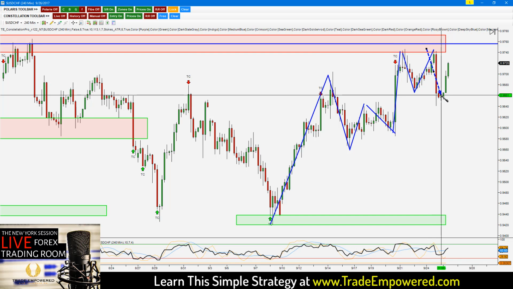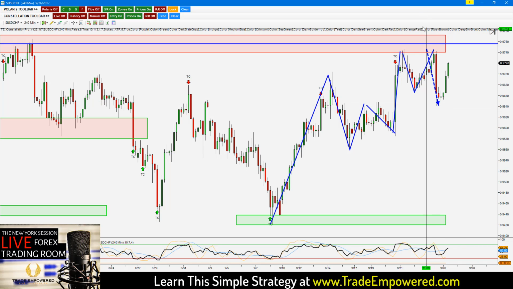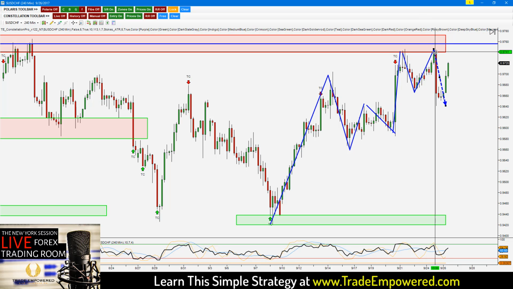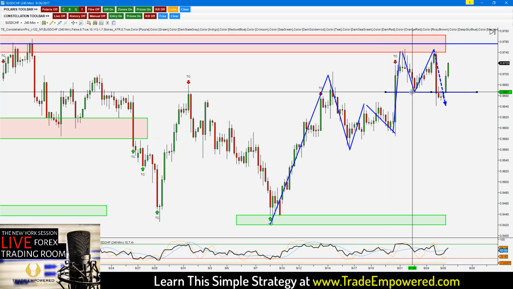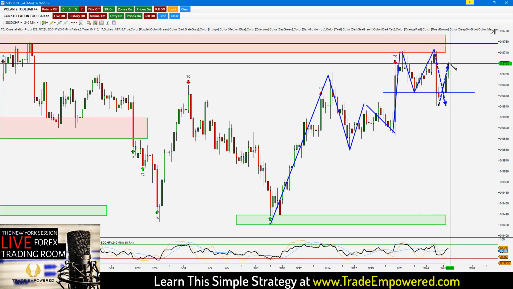We retraced off this level and we put in a lower low, lower close, right? We violated the low, the valley point of our double top. This is the V point. And now we're retracing back up in the structure, setting us up for a 26.18 opportunity.